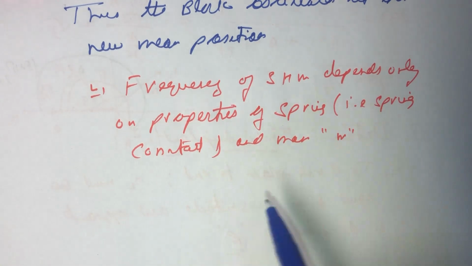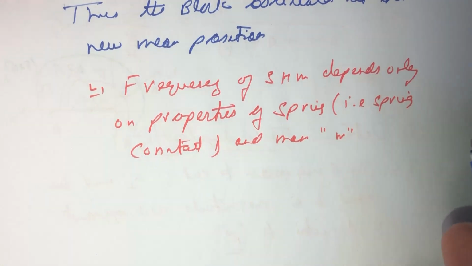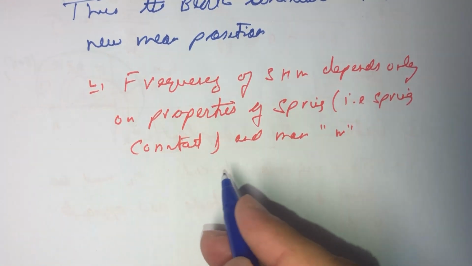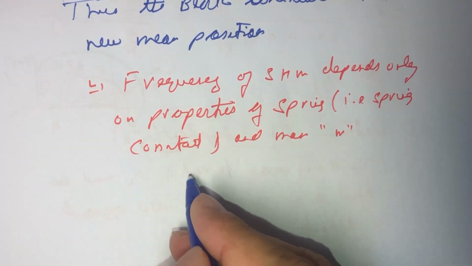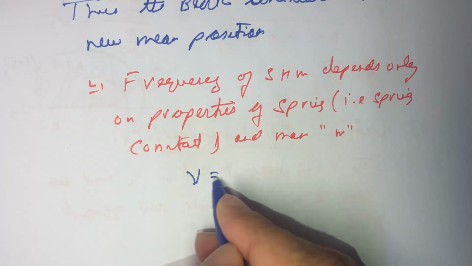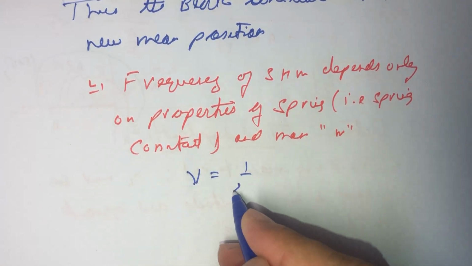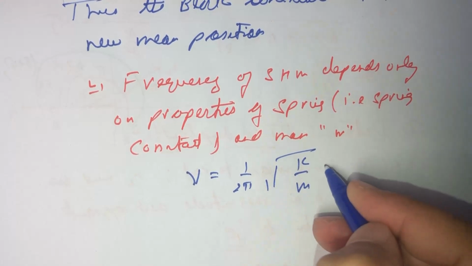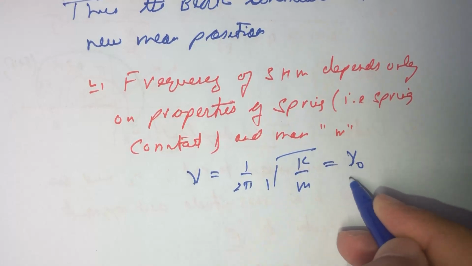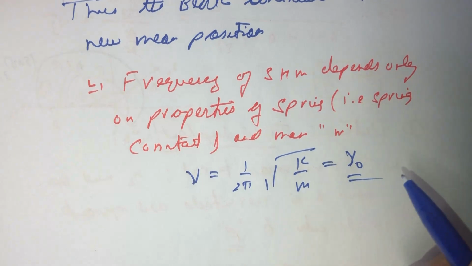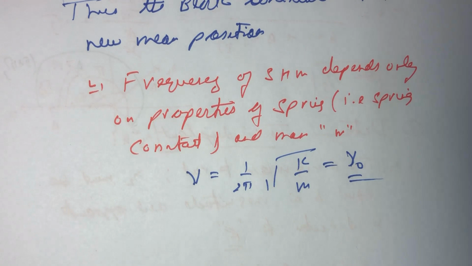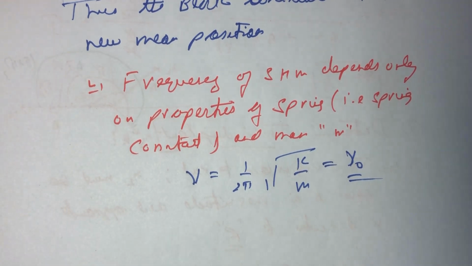Therefore, for the sake of clarity, let us suppose the new frequency is represented as nu, which will be equal to 1 upon 2 pi square root of k upon m, and this is nothing but equal to nu naught. So the block will be oscillating with the same frequency.